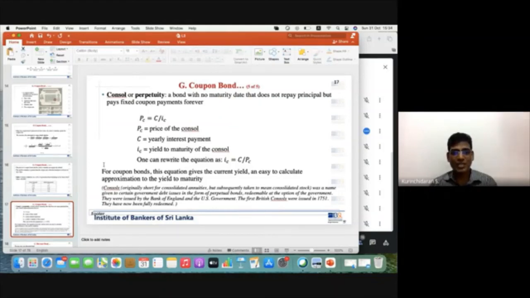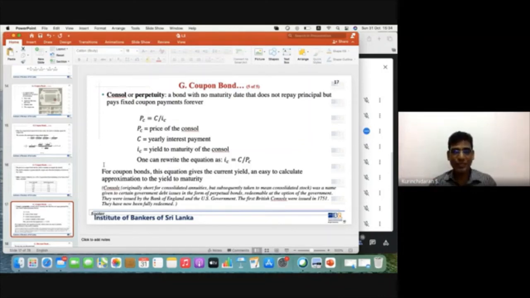Right? This is a little bit different from what we discussed earlier, because here there's no maturity. If there's no maturity, your market price would be arrived at by taking this dividend or coupon rate divided by yield to maturity, or interest rate.